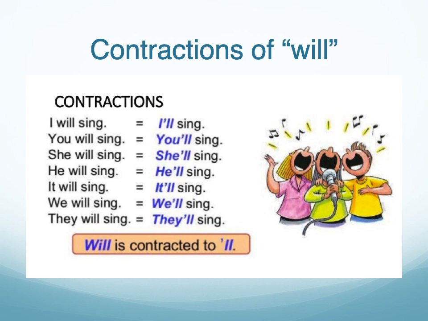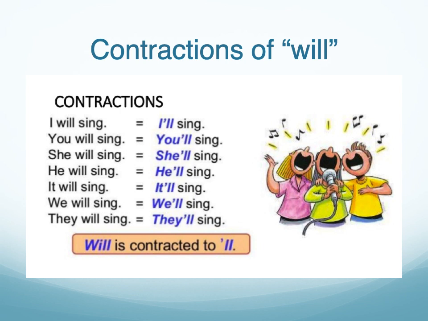So what we're going to do is take the pronoun and the apostrophe LL and put them together. So I will becomes I'll. You will becomes you'll. So that's how we form it. And the pronunciation can be a little bit difficult. So I'm going to go down and say all of them for you.